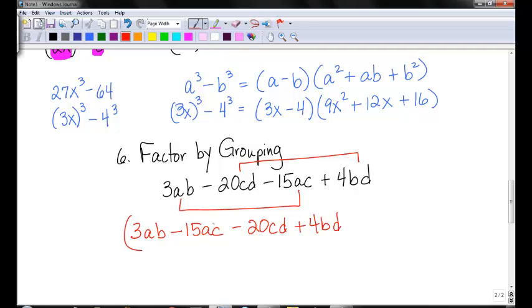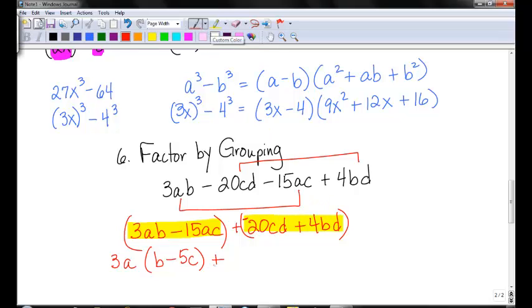So I grouped these two, and then I would probably change this minus 20 to plus a negative and group those two together. Okay, now in this, what's in common? 3, what else? 3a. What's left inside? b minus 5c plus. Now in this one, what's in common?